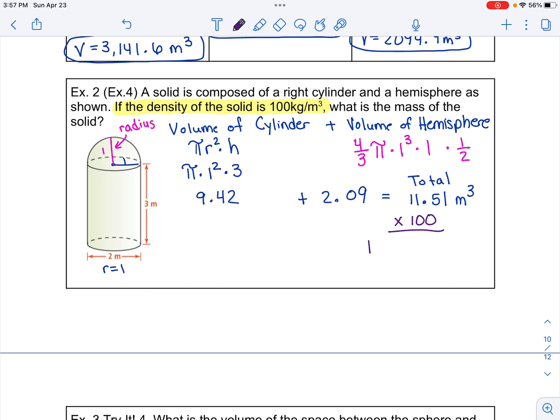So if you round it, it would be 1,150, or because I left it 5-1, it's 1,151. And that would be kilograms. All right, so you find the volume and then you multiply by however many grams or kilograms per meters cubed.